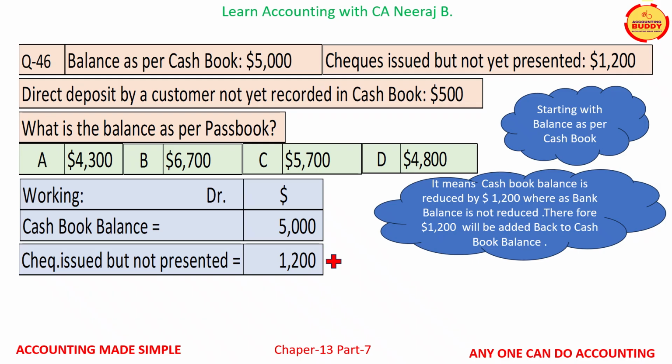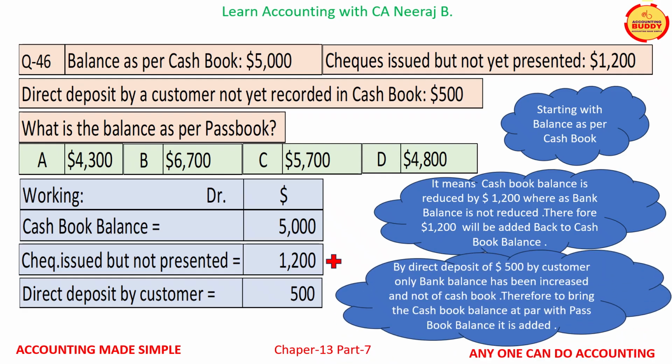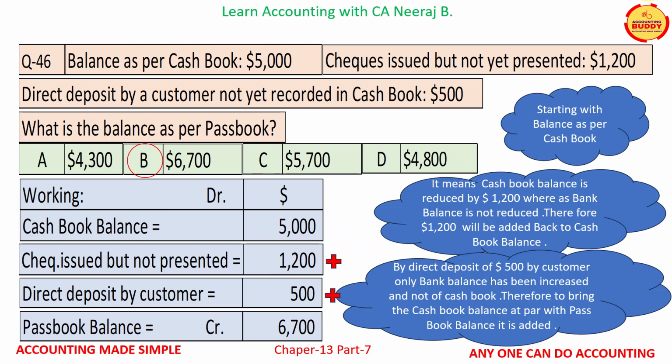Now let us analyze the second unmatched transaction of the direct deposit of $500 by the customer. By direct deposit of $500 by the customer, only the bank balance has been increased and not the cash book balance. Therefore, to bring the cash book balance at par with the bank book balance, it is added. Therefore, the correct answer is option B, $6,700.